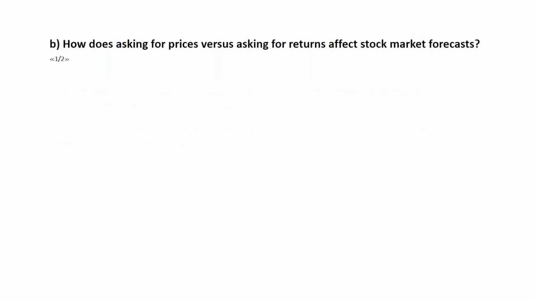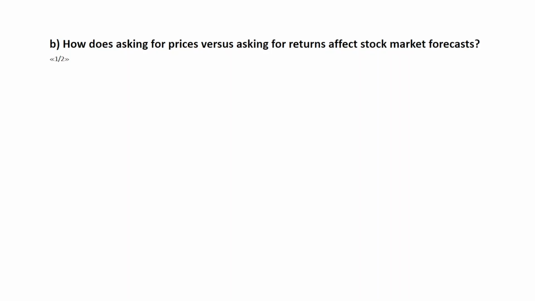In the second part of the exercise, how does asking for prices versus asking for returns affect stock market forecasts? Prices and returns are performance measures. They are alternatives of the same thing.